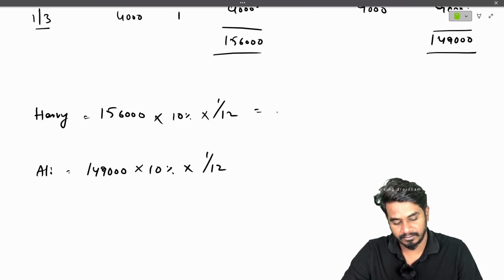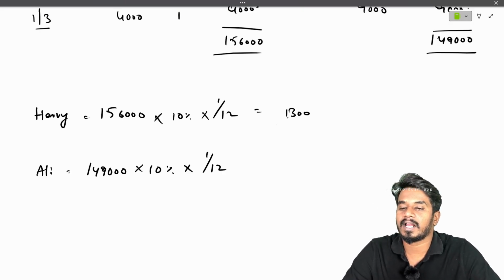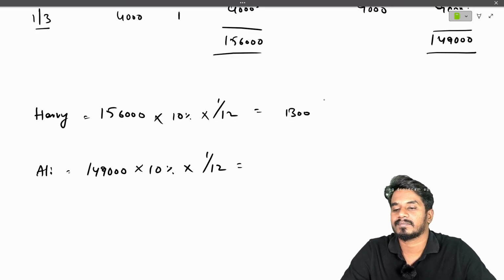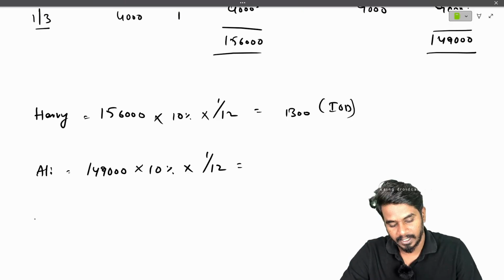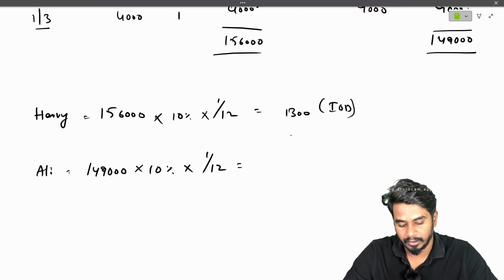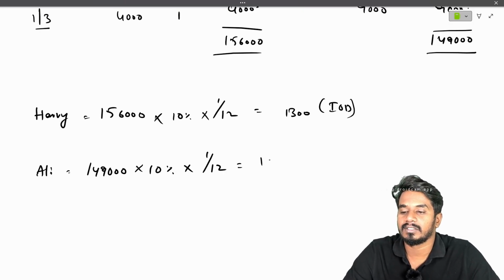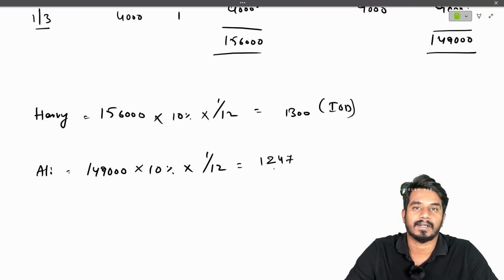So 1,56,000 into 10% into 1 by 12. So it is 1,300 for Harry, interest on drawings. Then 1,49,000 into 10% into 1 by 12. So 1,241.66, we'll make it 1,242.